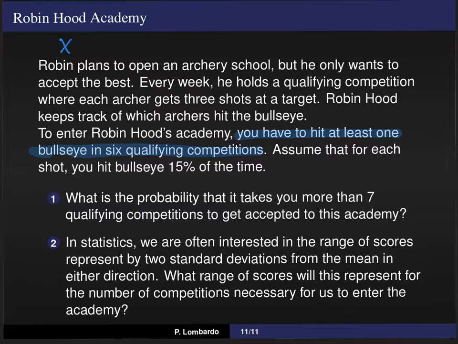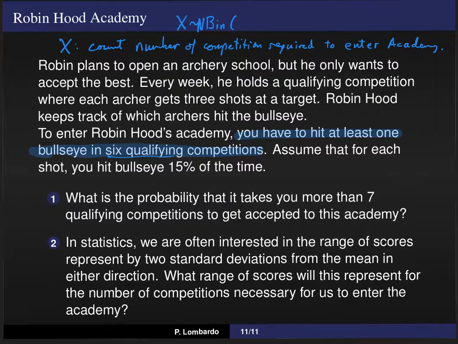So let X count the number of competitions required to enter the academy. Okay? And we're noting here that X sort of has the flavor of a negative binomial random variable.